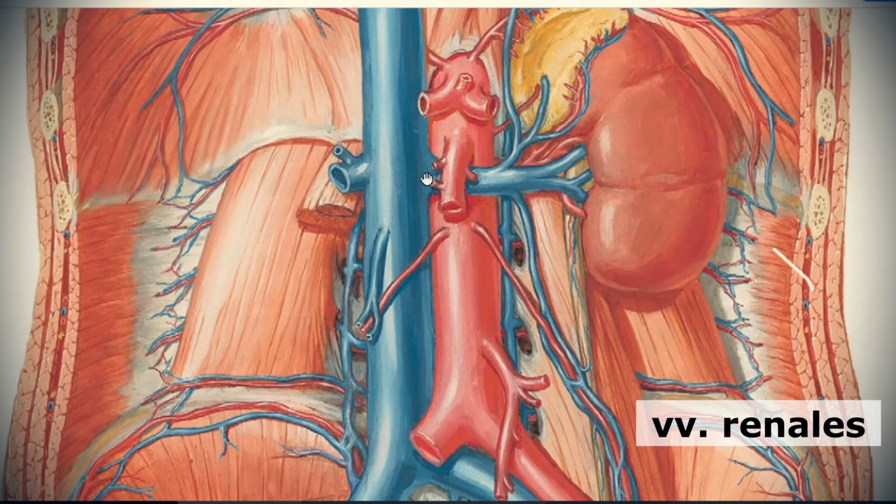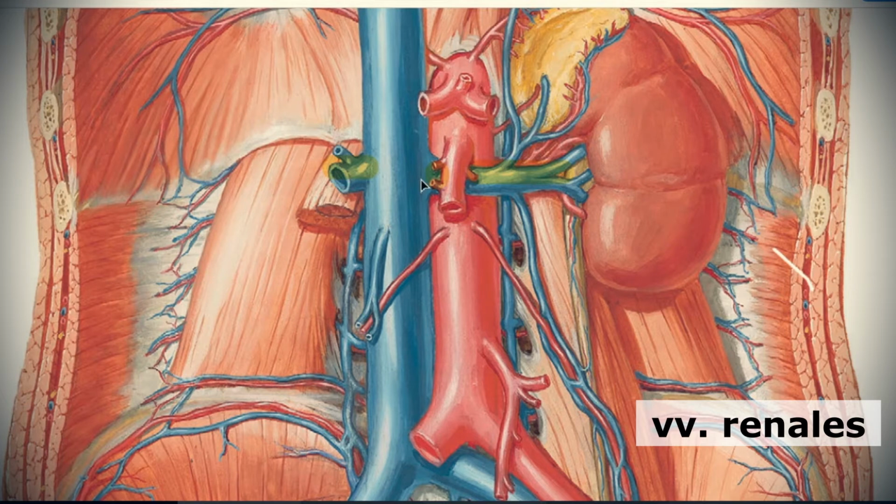So the distances to the left kidney and to the right kidney are different. The right vena renalis will be short, but the left one will be long because there is a long distance to the left kidney.